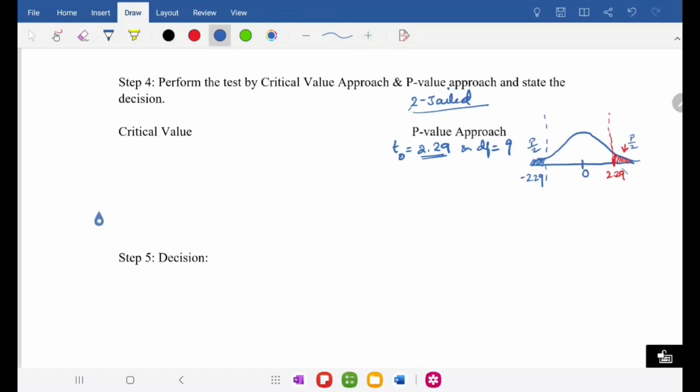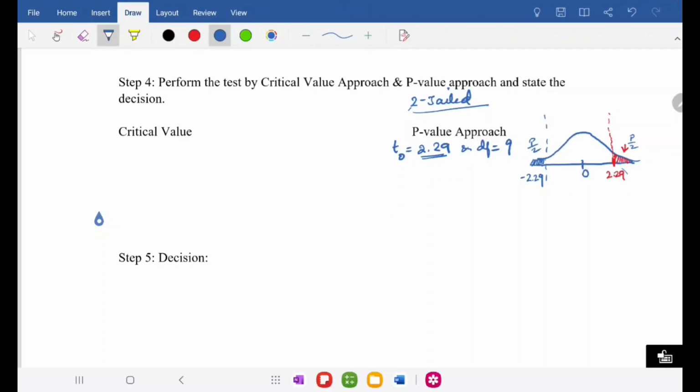If you look up your tables, then it'll be an estimated p-value. However, I'm going to use my graphing calculator, and sometimes you can also search online to find the p-value. There are some virtual p-value calculators online, but you won't be able to do that on tests and exams.